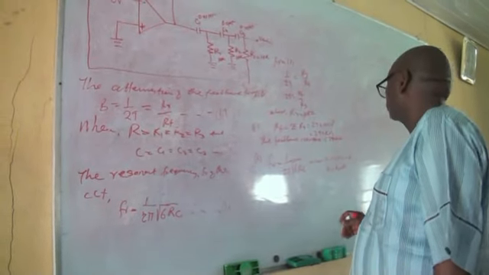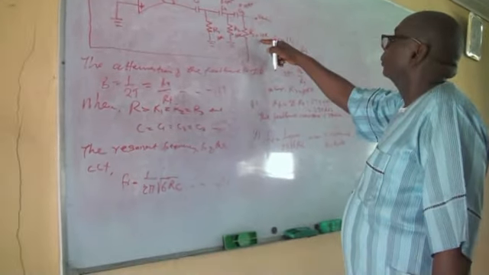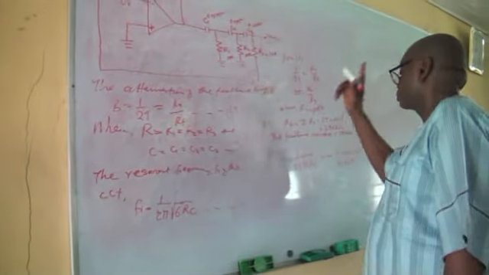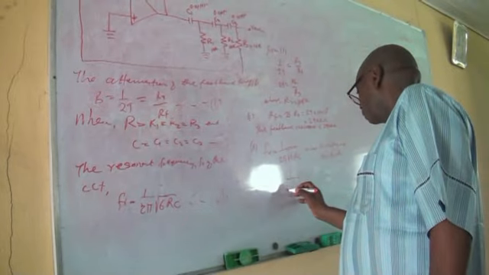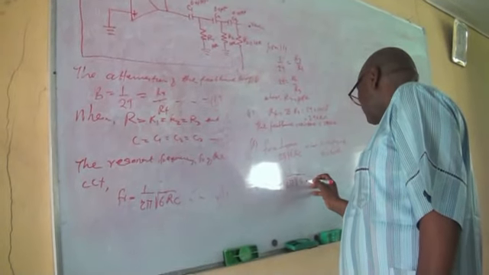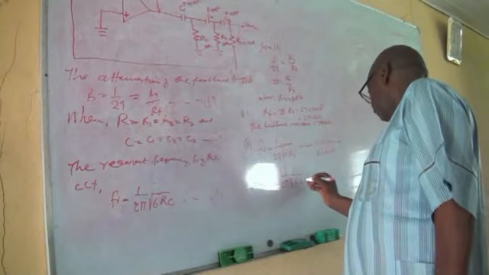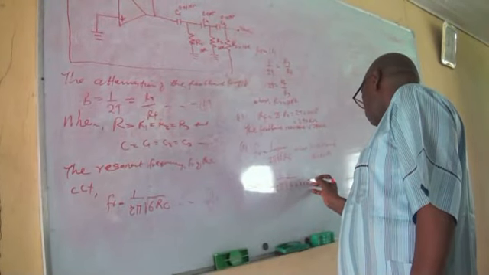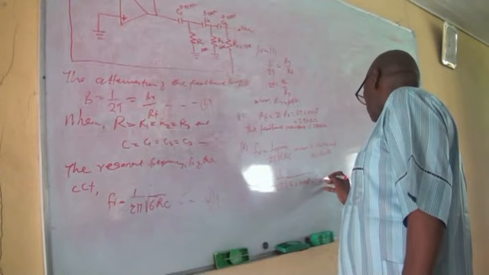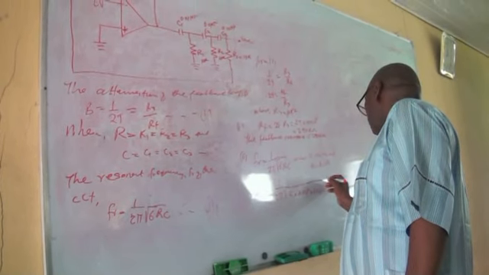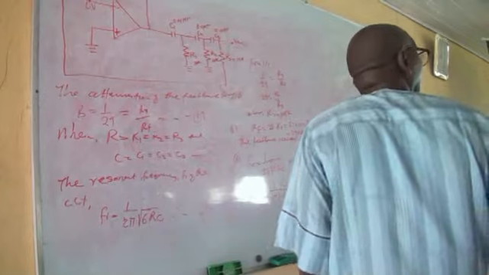So when you have this condition, each value of this component will be selected just once, and that will be FR equals 1 over 2 pi square root of 6 times 10K, 10 times 10 raised to 3 because of K, times 0.01 times 10 raised to minus 6, that's micro. Are we there? Yes.